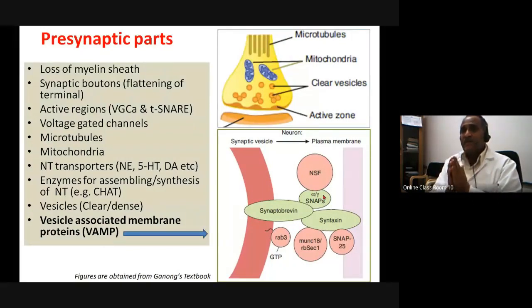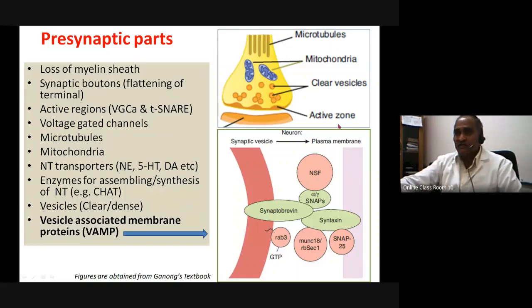In the presynaptic terminal, there is a loss of the myelin sheath, and flattening or widening of the synaptic terminal. Then there are defined active areas in which the density of voltage-gated calcium channels and SNARE proteins is more. These are called active zones.